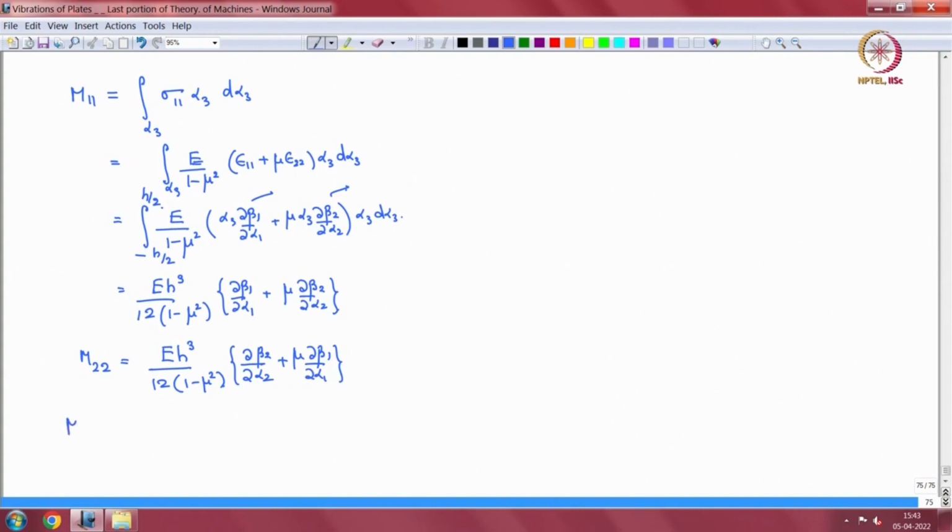And for this plate, M12, which is mxy, is equal to M21, which is myx, and it is E h cube by 12 into 1 minus mu squared, into 1 minus mu by 2, del beta 2 by del alpha 1 plus del beta 1 by del alpha 2.